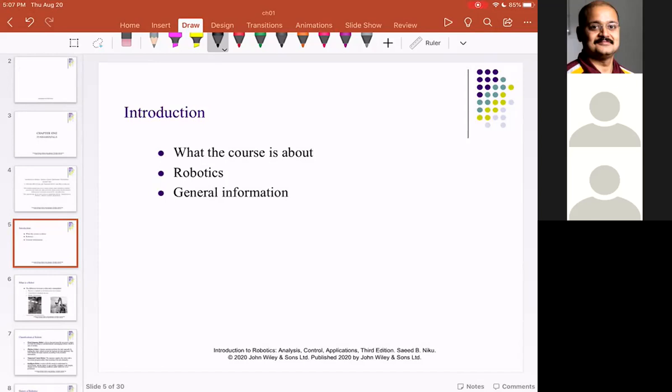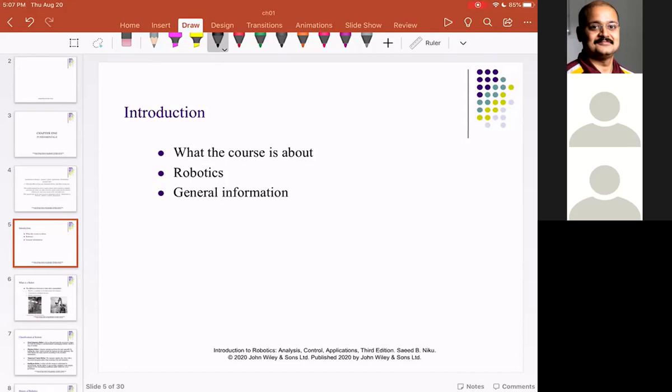So what is this course about? This course is about helping you understand what robots are, what they do, how they are designed. The field of robotics is really vast, which means you have robots that are humanoids. You have robots that are articulated. You have robots that are used for pick and place machines.